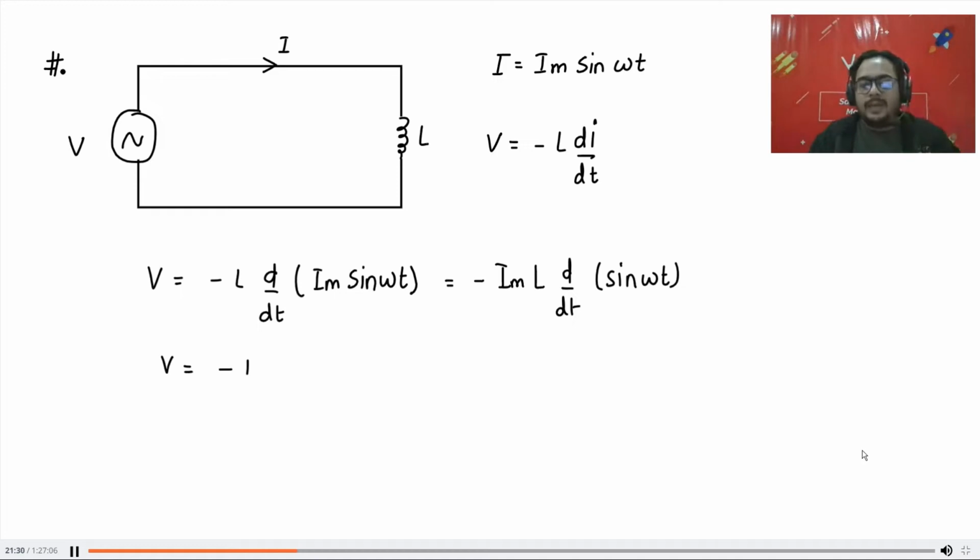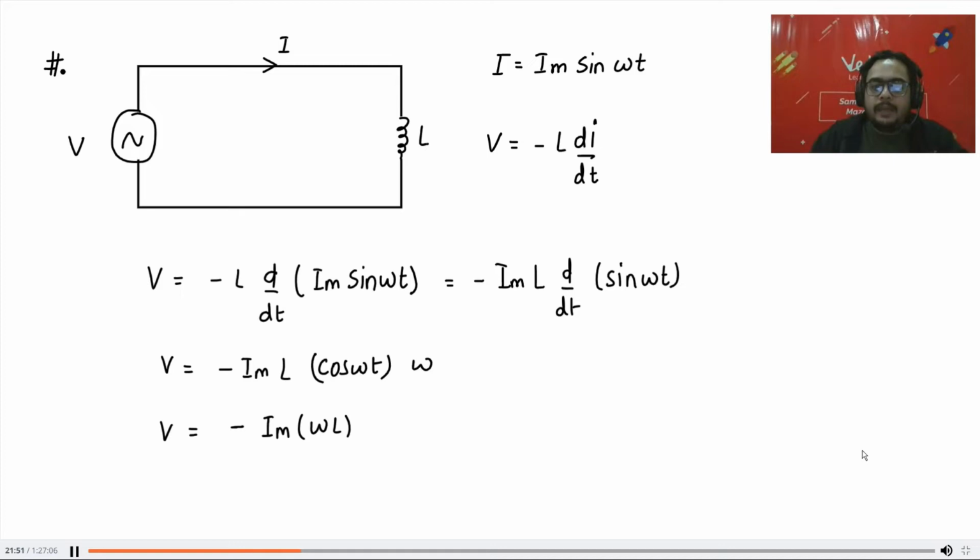I think you will find it easier. I will get minus Im into L. Differentiation of sine omega t will be cos omega t into omega. Am I correct? And the voltage we are going to get is minus Im into omega L into cos omega t.